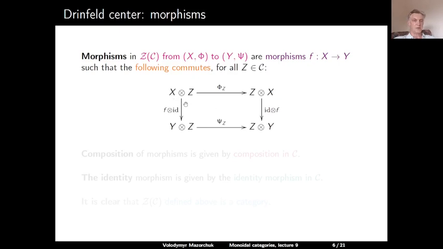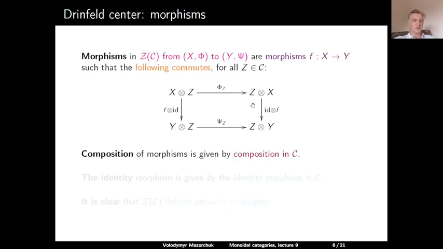Alternatively, starting from x tensor z, we can apply f tensor identity and go to y tensor z, and then we apply psi to go to z tensor y. So these two ways should be equal, so this diagram should commute.